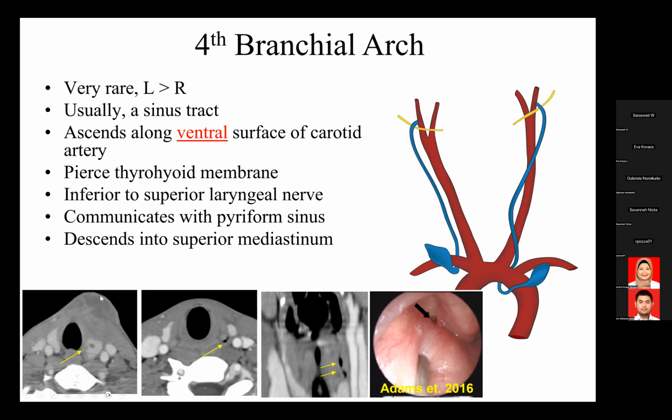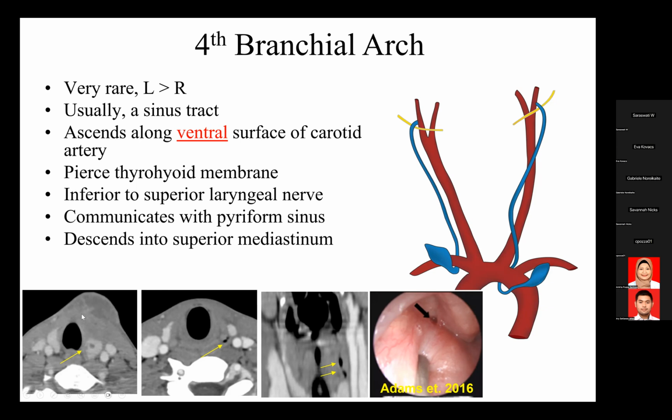So when you have a child that presents with unexplained recurrent anterior neck infections, you always have to consider the possibility of a congenital etiology. And one of the most common congenital etiologies is going to be due to an underlying branchial anomaly.